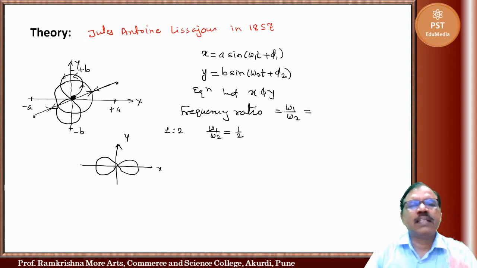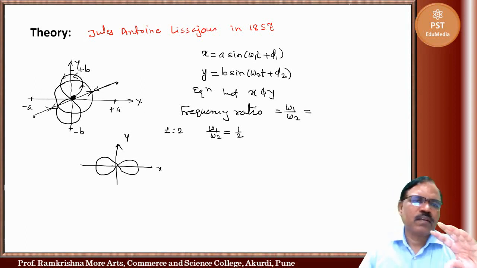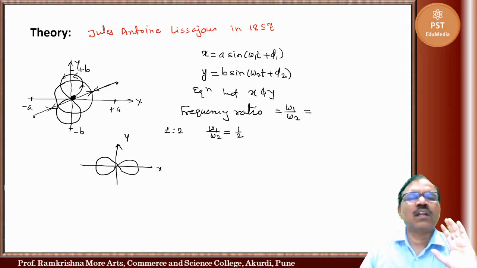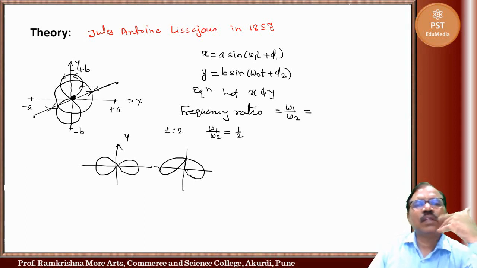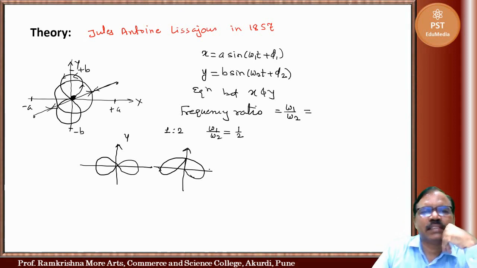And this figure is also not constant. You will get two loops along the x-axis, but that is also not constant, it is changing with phase. So it may become like this, it may become like this. So it depends on the phase difference.